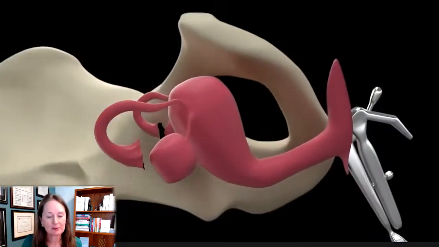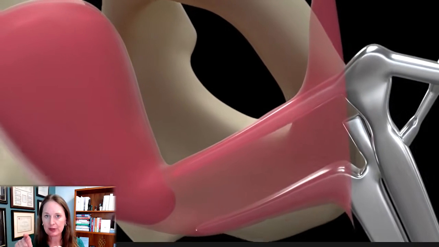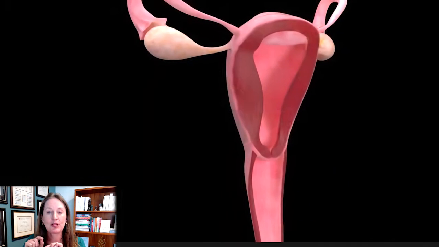This test requires specialized equipment. It's often done in a radiology department, or in my practice at Pacific Northwest Fertility in Seattle, we have this special equipment in our practice so we can do this test for our own patients. This test requires basically a pelvic exam. So you place the speculum in the vagina, you have a little tube that goes into the cervix, and through that tube, we're putting in liquid.